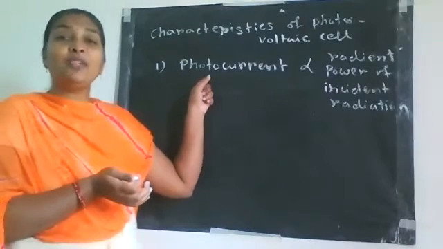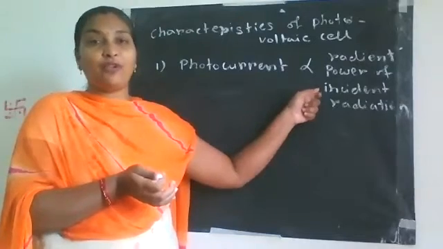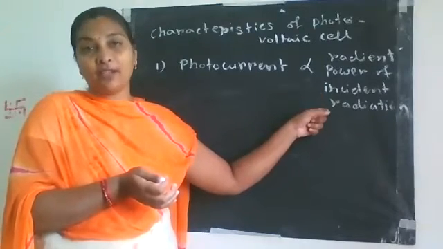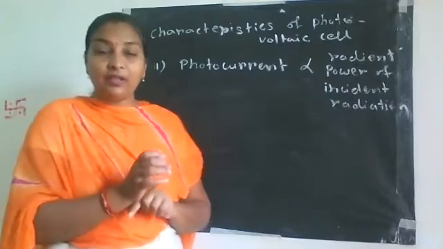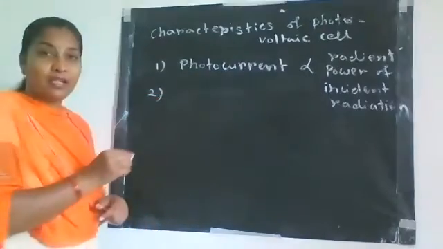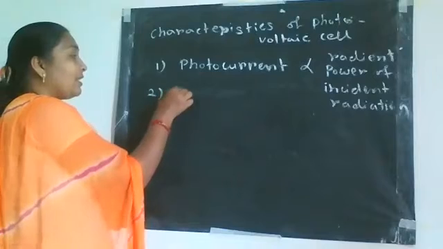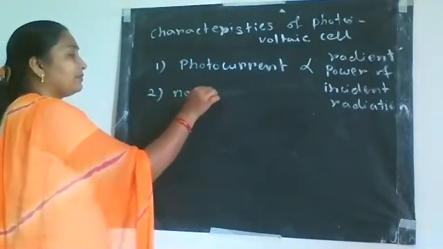So directly you can measure the radiant power. Directly you will get the value of the radiant power of the incident beam of radiation by using the photovoltaic cell. Then the second one: you are not required to use a battery. I will write no use of battery.